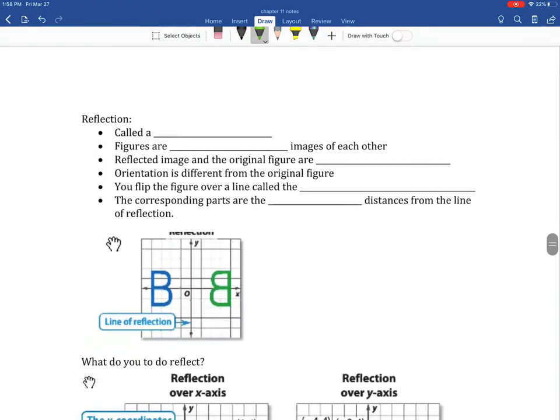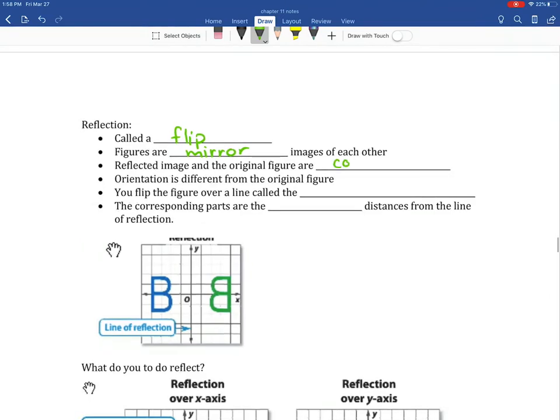The last transformation for today is a reflection. A reflection is also called a flip. The figures are mirror images of each other.